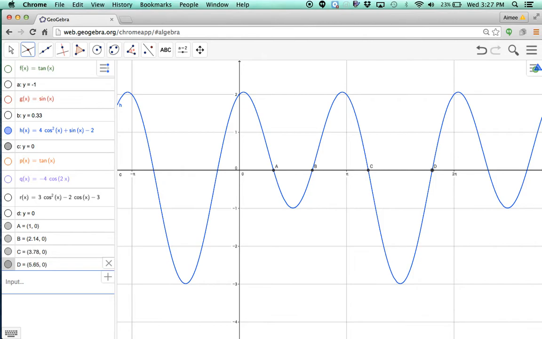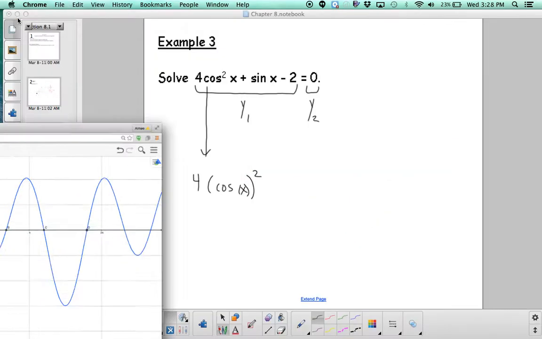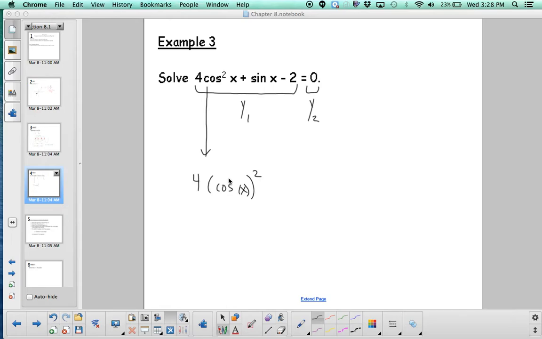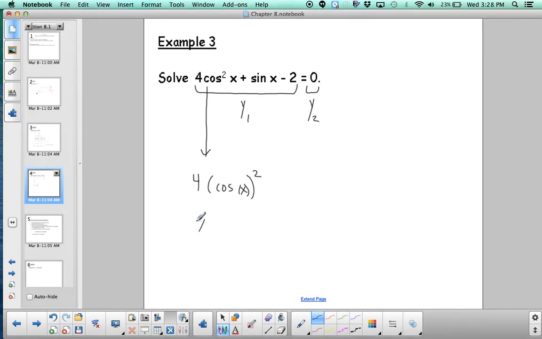And so now, the way we would write those would be, first of all, we had one at approximately 1. We had a second one at approximately 2.14. The next was at about 3.78.